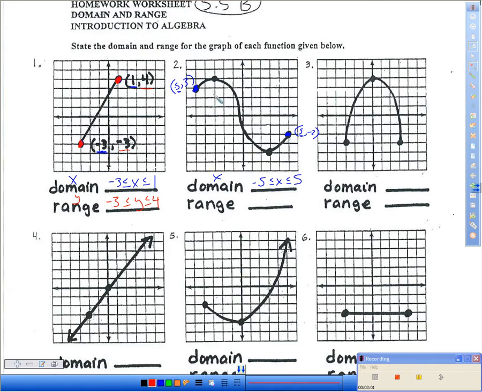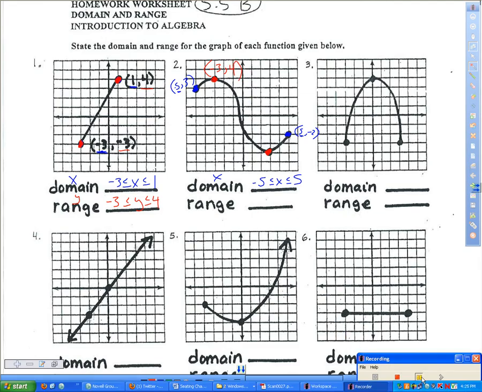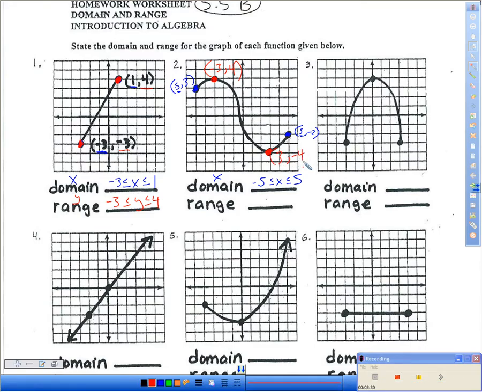Our range values talk about the highest point and the lowest point and everything between when we're looking at this graph. The highest point is this point. Our lowest point is this point. The coordinates of the highest point are (-3, 4). The coordinates of our lowest point on this graph are (3, -4).